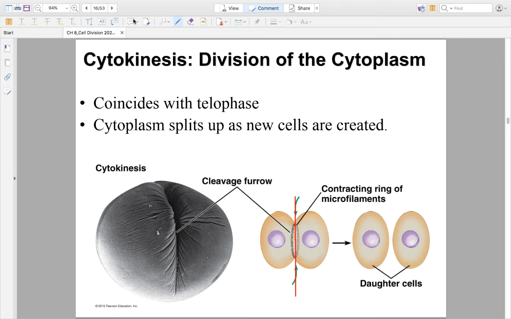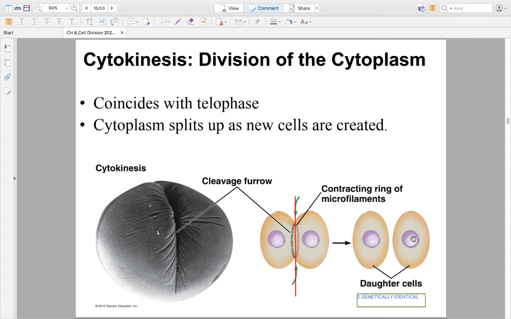And we're going to end mitosis with two daughter cells, and one of the most important parts is they're two genetically identical daughter cells.